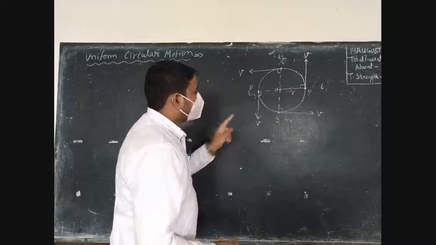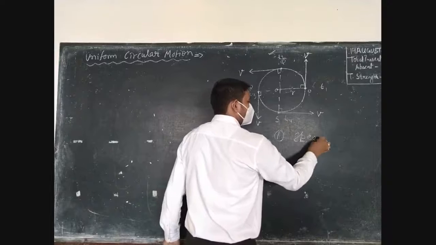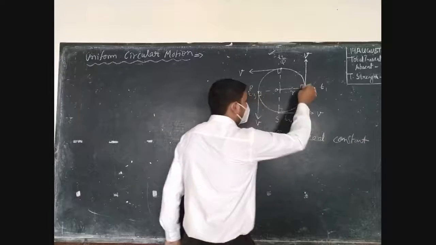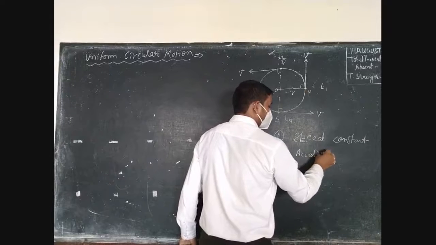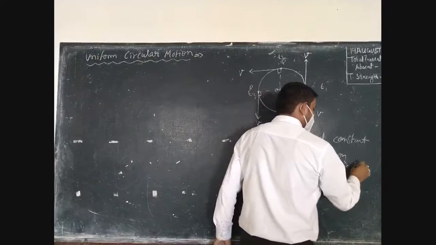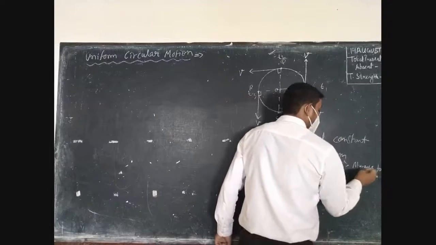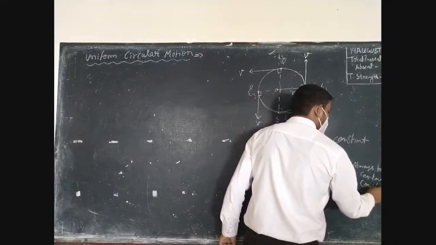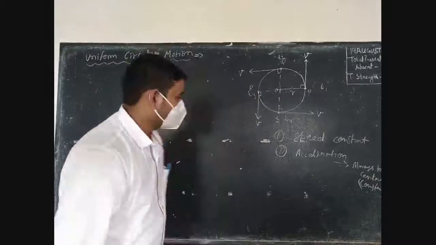So we can say the speed is constant. The acceleration is always acting towards the center, so we can say it is also constant, which tries to maintain its circular path.